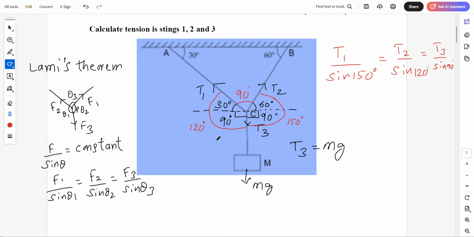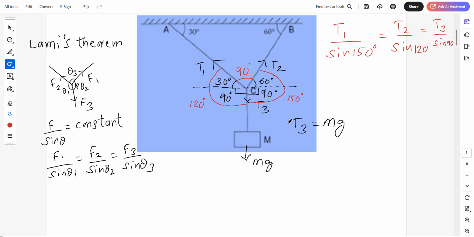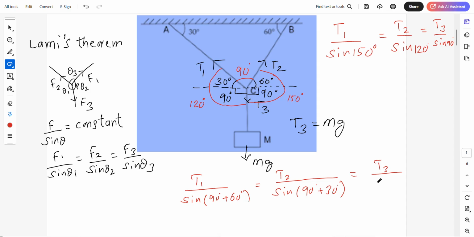Right. Now T1 divided by sine of 90 plus 60, that is equal to T2 divided by sine of 90 plus 30, that is equal to T3 by sine of 90 degree.